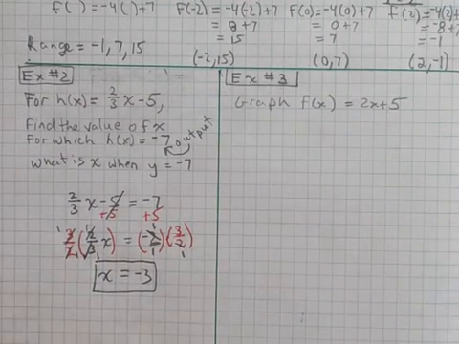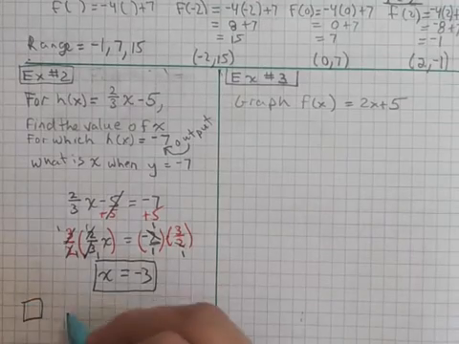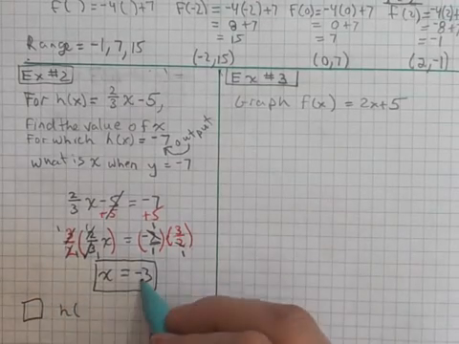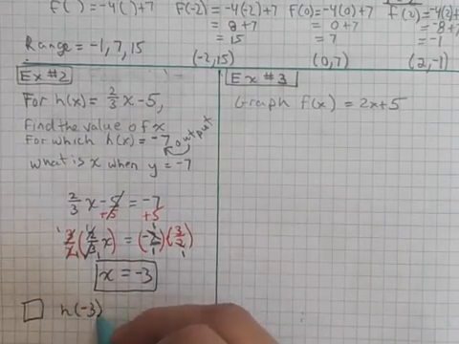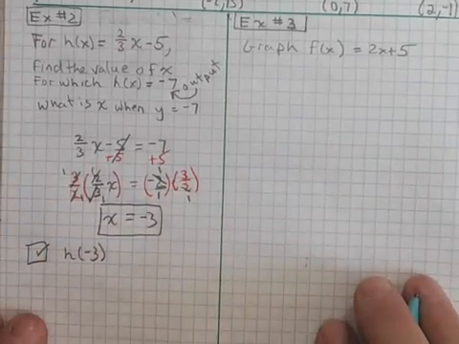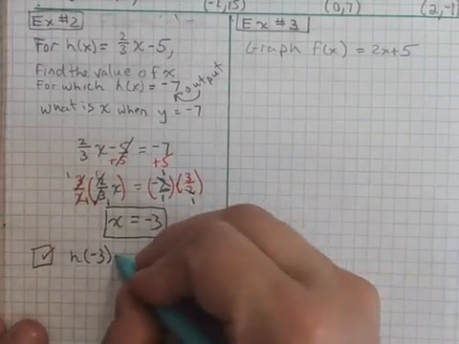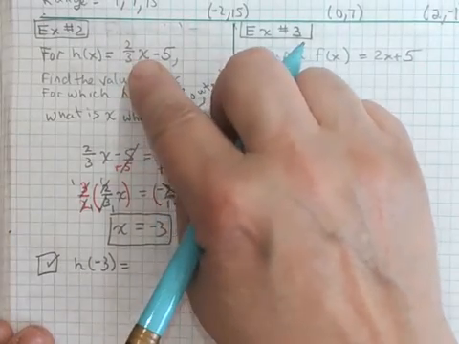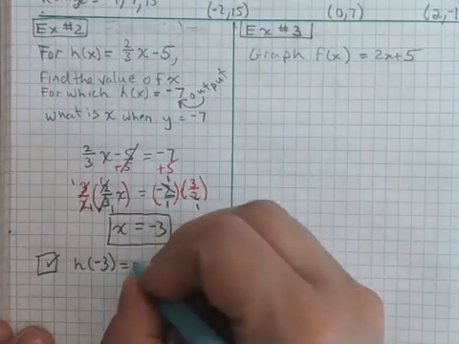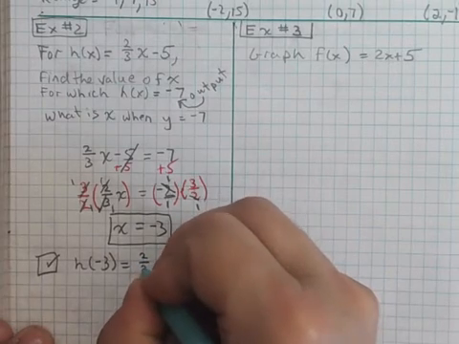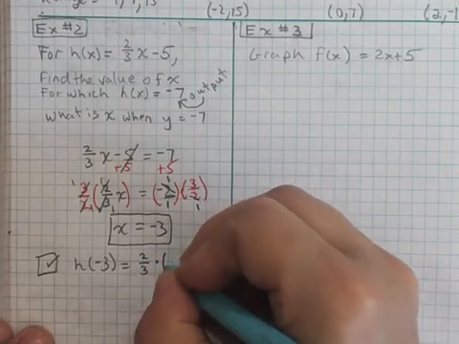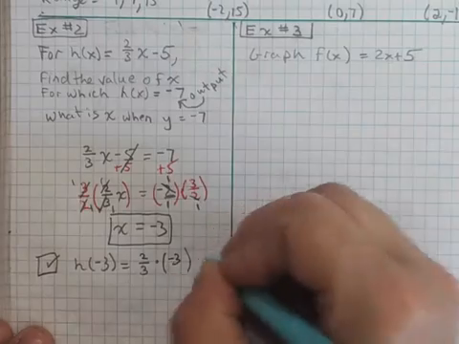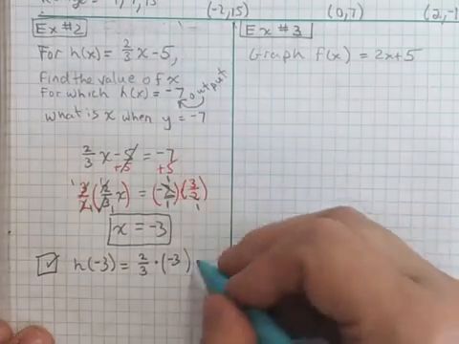Now if we want to verify, we'll do a quick check step and plug it in. So we take h of the input, so h of -3, is equal to, and then remember how we evaluate. Instead of the x, we replace it with -3. So 2/3 times -3, and then we're subtracting 5, so -5.